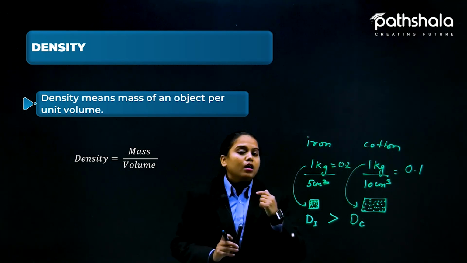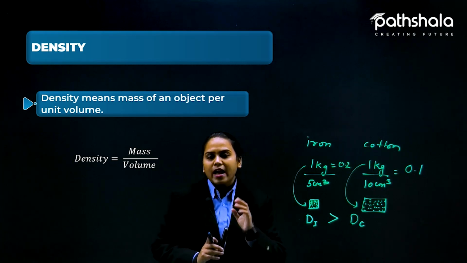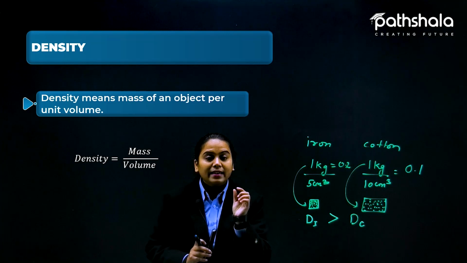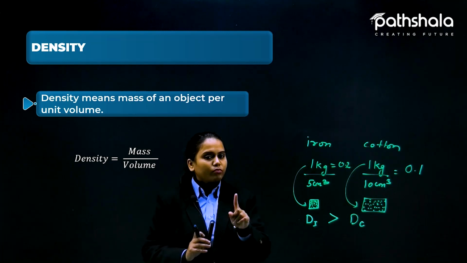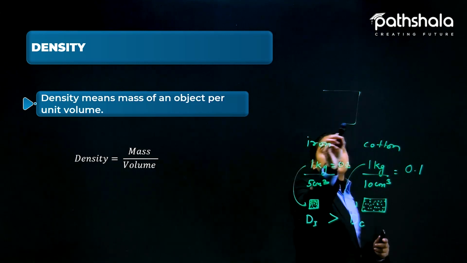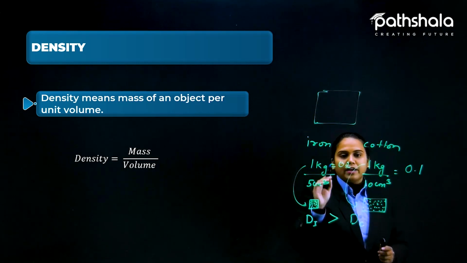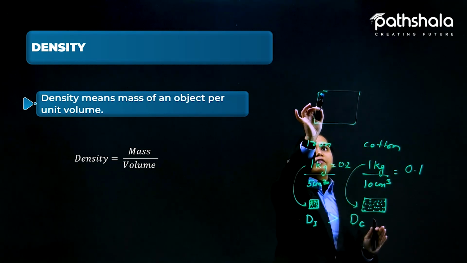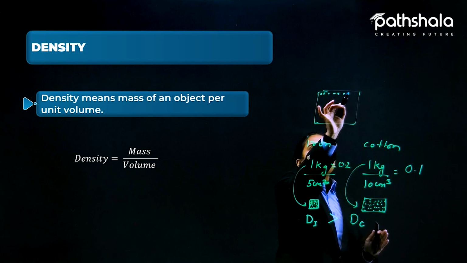Even in social subjects, you have a geography part. In that also you have heard that dense forests are present. What are these dense forests? A dense forest is like if we are talking about a particular area and that area has a large number of trees.